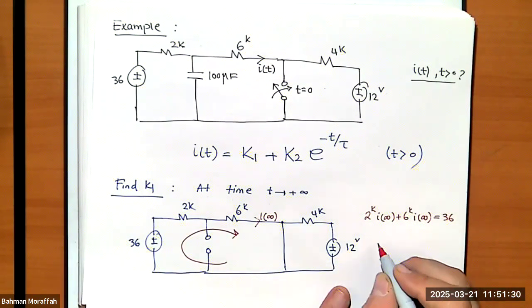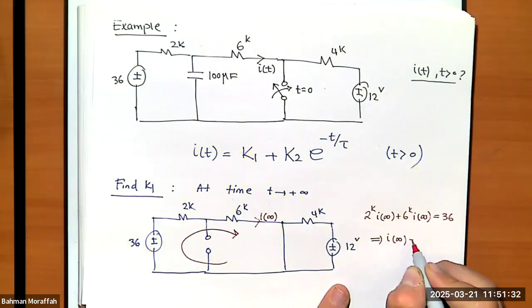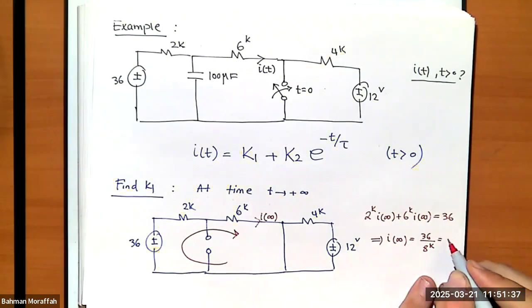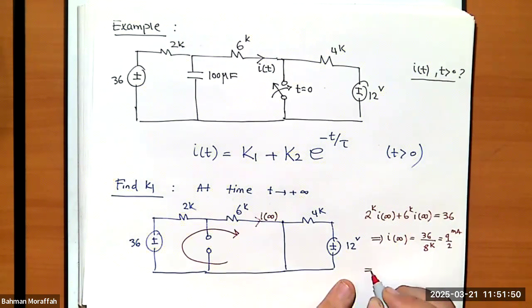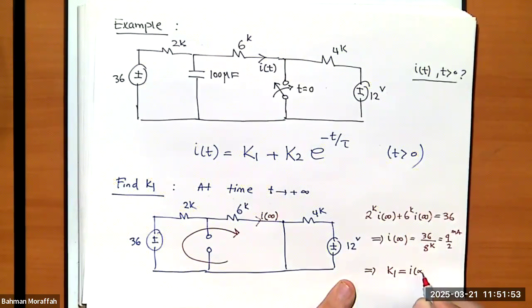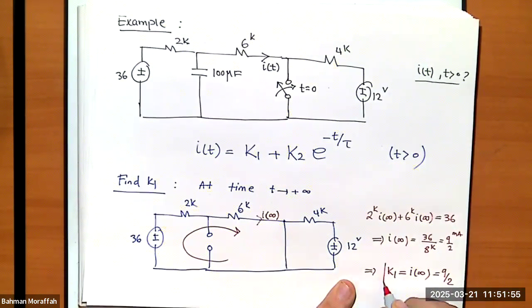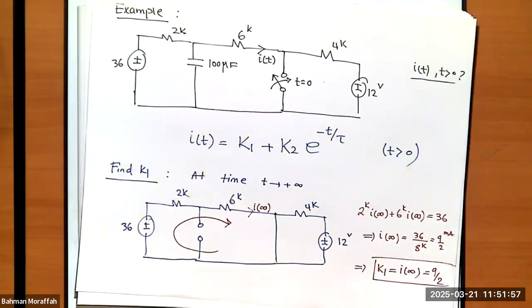Therefore, I infinity is 36 divided by 8K, which is 9/2 milliamps. As soon as I know I infinity, I know exactly what K1 is, because K1 is I infinity. Therefore, K1 is 9/2. I found K1.